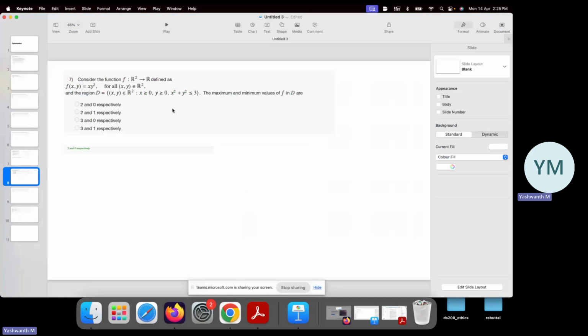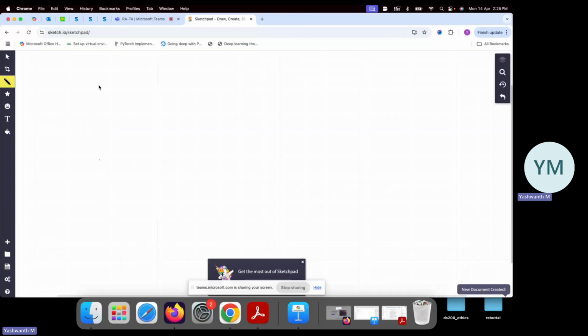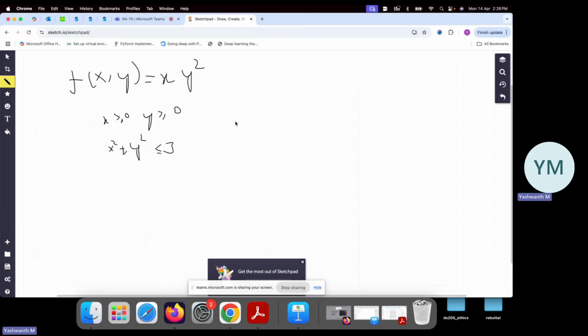Y squared, and it lies in the positive arc. So f of x, y is x times y squared, and the constraint set is x squared plus y squared less than or equal to 3.